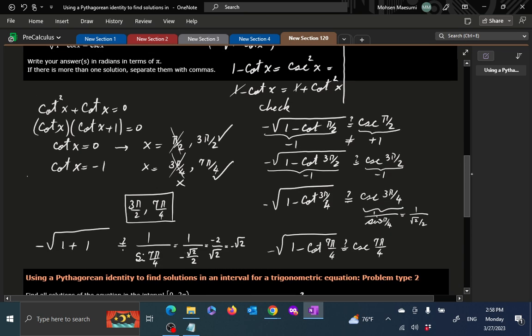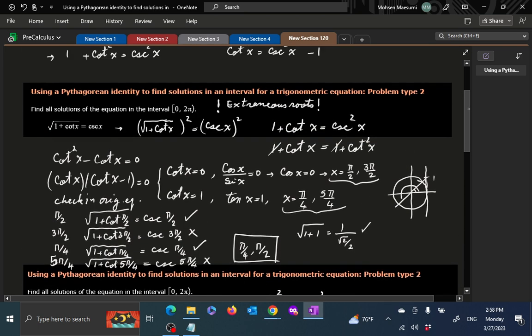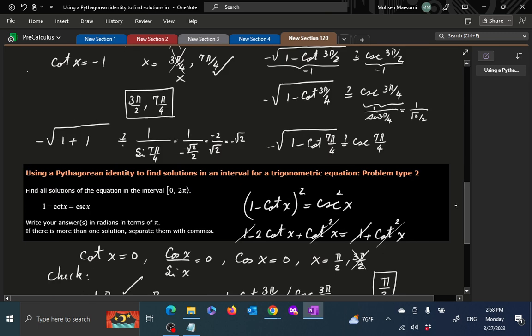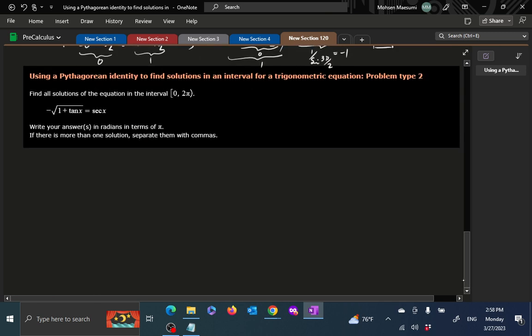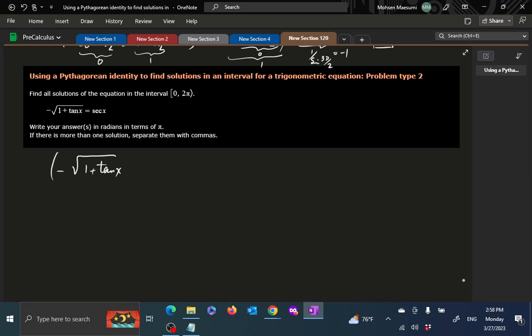We didn't have the minus radical 1 plus tangent one, I guess. So let's do that as our last example. I take the equation, square it, and when I square, the minus disappears, the radical disappears. I have 1 plus tangent of x equals secant square, and secant square is 1 plus tangent square of x.